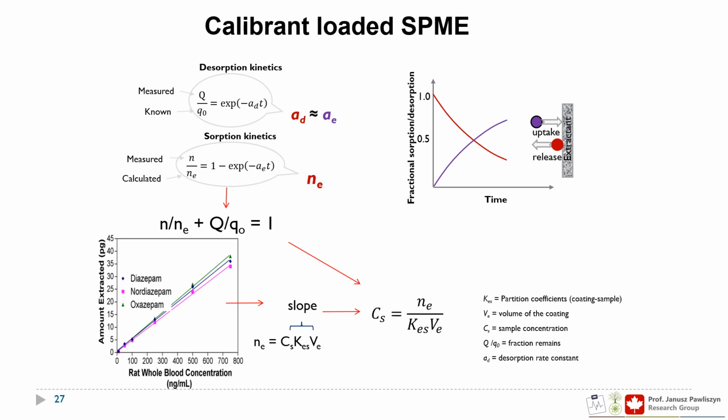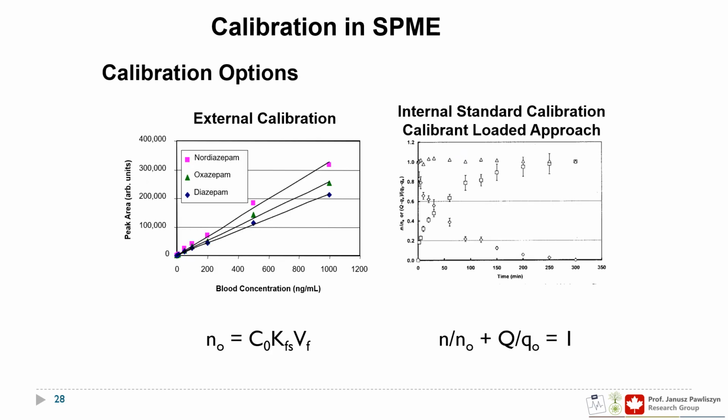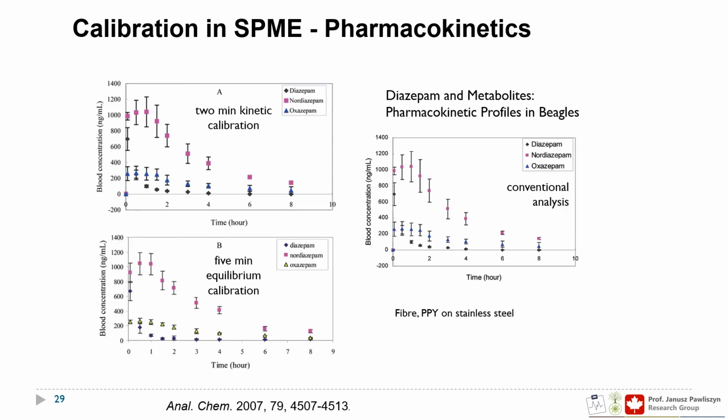The advantage of this calibrant loaded approach is that it is a kinetic approach, so we can stop the extraction at any time. When you analyze the blood in a dog's vein, you can reach equilibrium, so you don't need to worry about the convection conditions, or you can use the kinetic calibration.